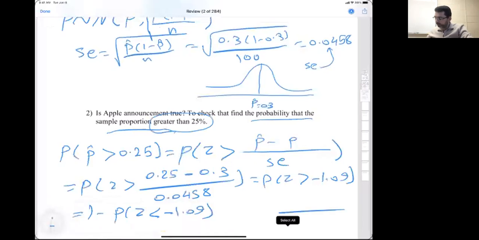If you would like to know why, negative 1.09 is here, and we need to find the probability for greater than.